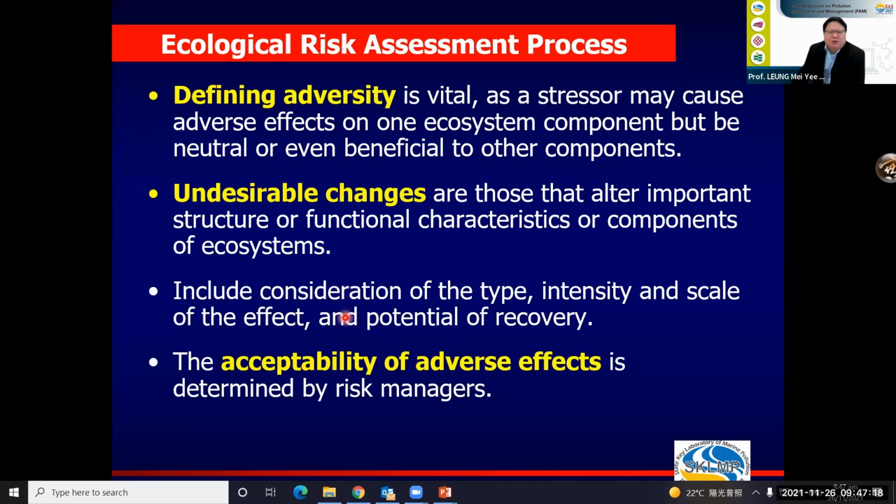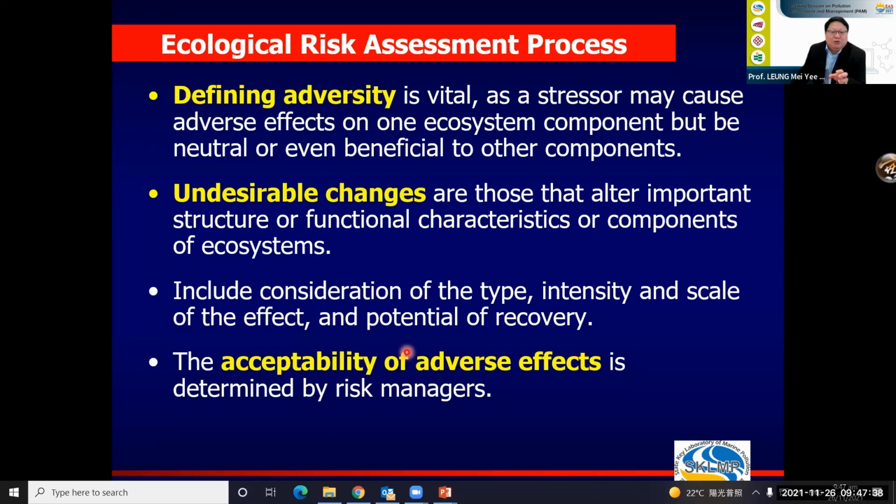And we will also look at the potential for recovery. If the chemical pollutants will be degraded really quickly and only have a very short-term impact, and the ecosystem can recover quickly, then the risk we are talking about is lower.